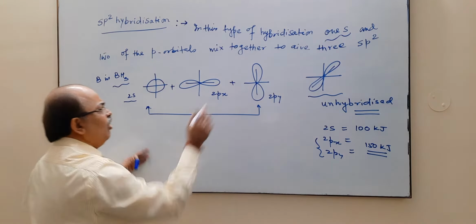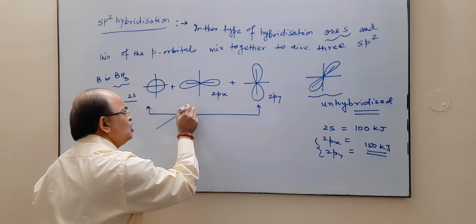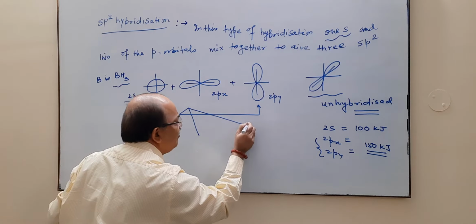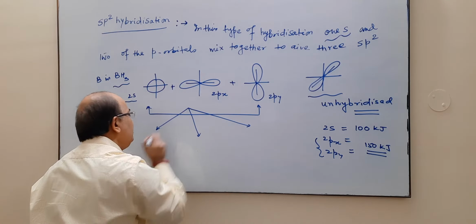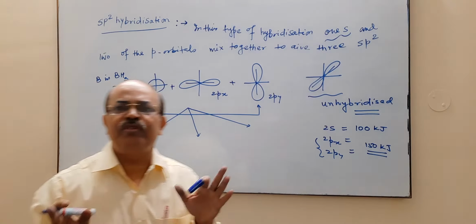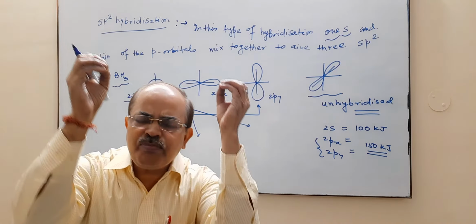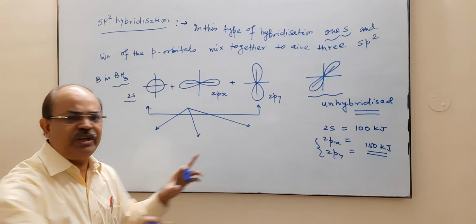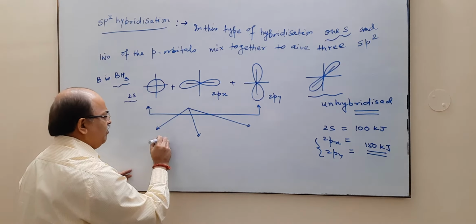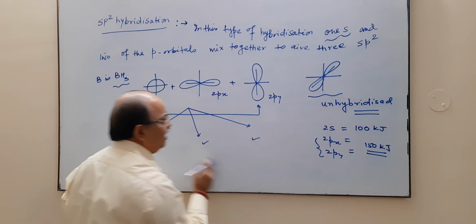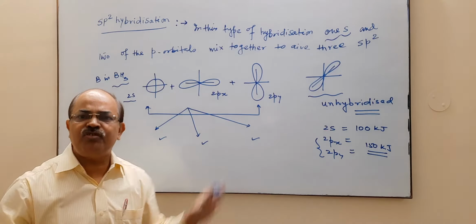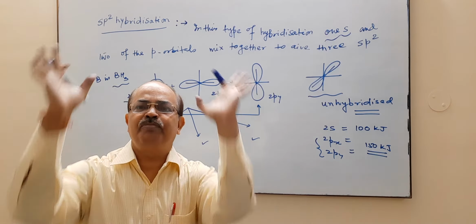So these three orbitals will overlap to give three different orbitals and each of them is named sp2. Whatever the shape, suppose one sp2 is formed here, the second here, the third here, all three will have the same energy and the same shape.